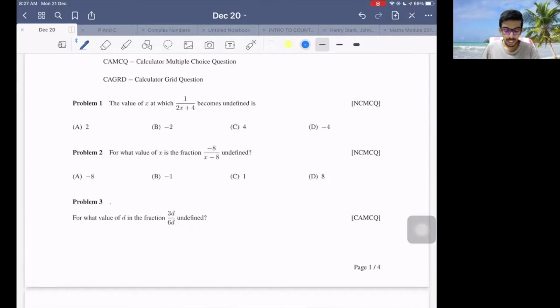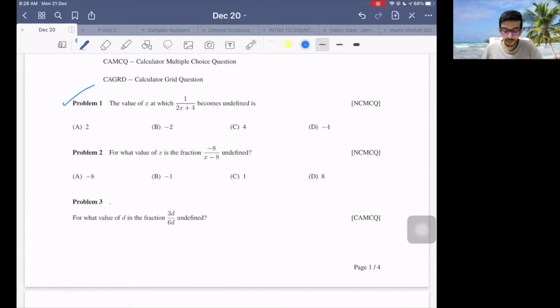Let's quickly see one or two questions before we move on to the problems on equations which can be converted to linear equations. First question: the value of x at which 1 by 2x plus 4 becomes undefined is.